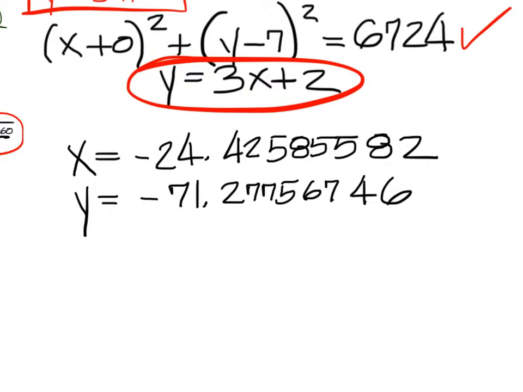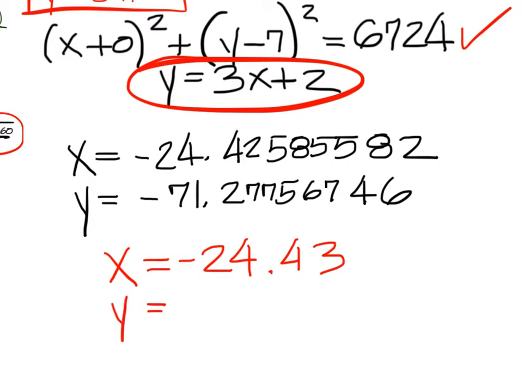D as in dog, minus 7, right-hand parenthesis, x squared, and then hit enter. What do we get? 67.24, so it does work out, and here are the other coordinates. Negative 24.43, and y is negative 71.28.